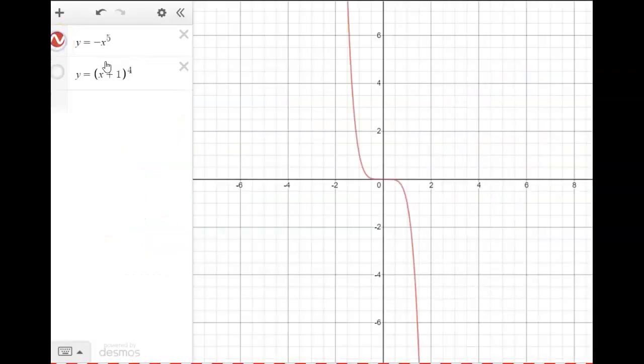So we have the graph here of negative x to the power 5. And as you can see here, it has the opposite end behavior that I was talking about.